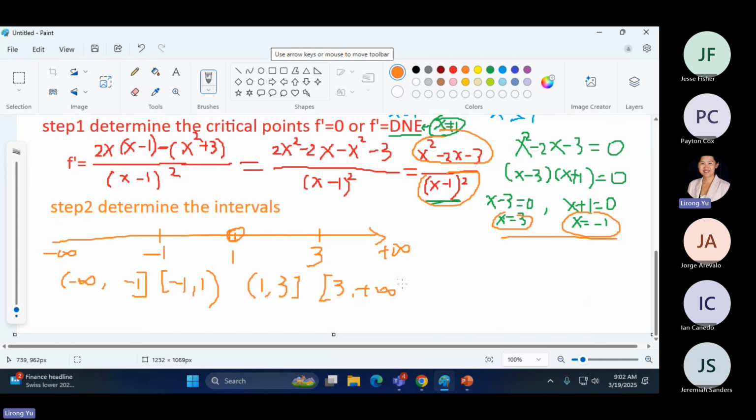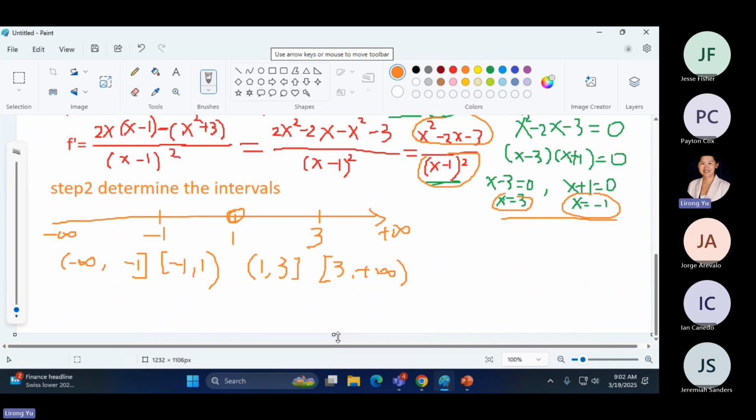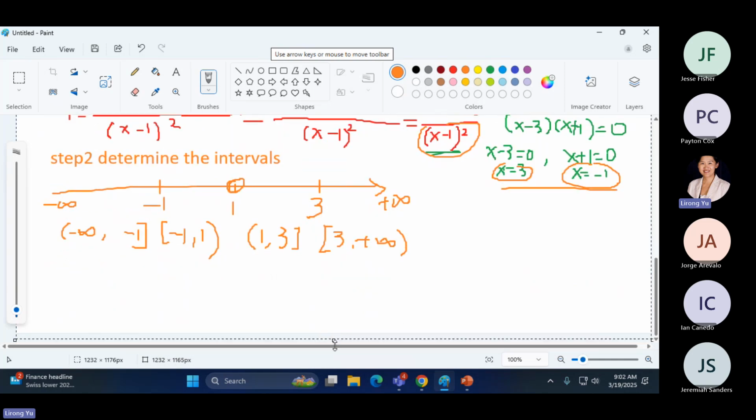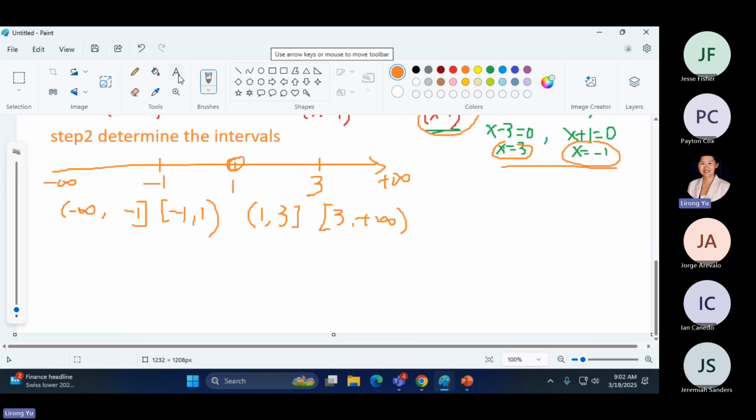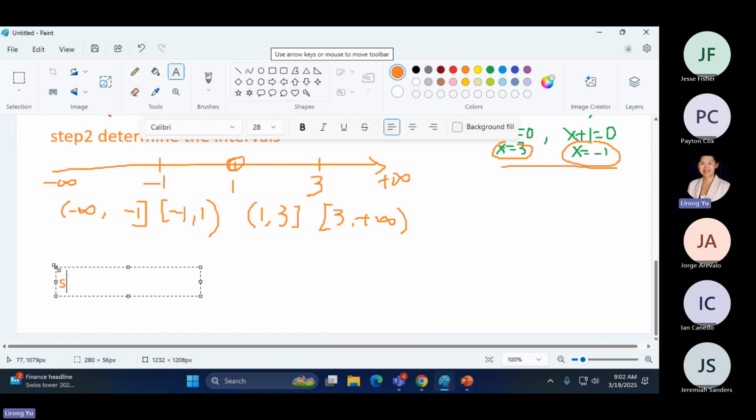So we write following the entire number line in that order. Remember, an interval is part of the number line, so we follow the number line and write out all the intervals properly. Now we have our 4 intervals. For every interval, we want to know whether the function is increasing or decreasing. That's our step 3. We're going to calculate some derivatives in order to know if it's increasing or decreasing.